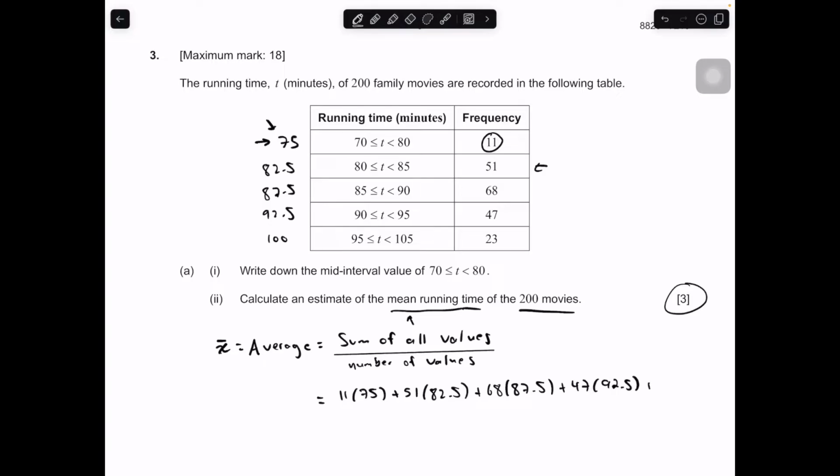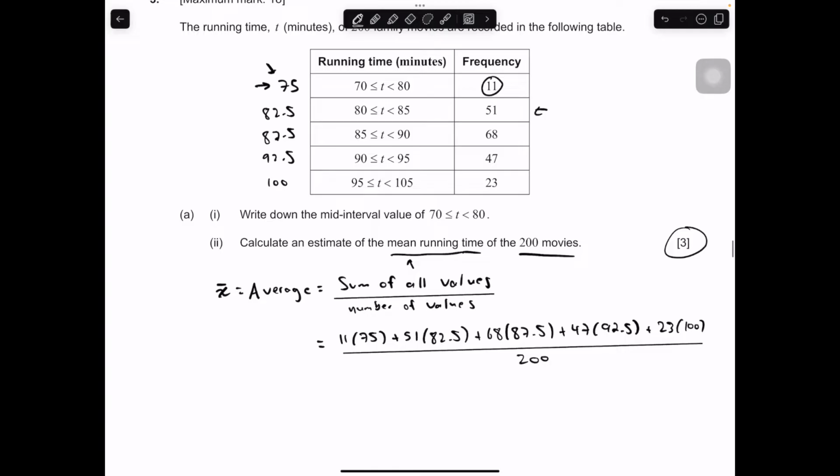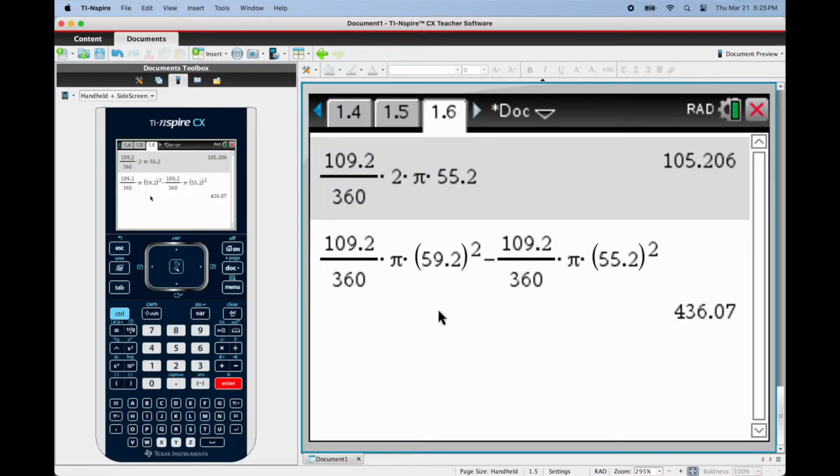And lastly, for these 23 movies, on average, they were about 100 minutes. And altogether we had 200 movies. And so let's find the average running time of these 200 movies. So let's go back to the calculator for a sec.